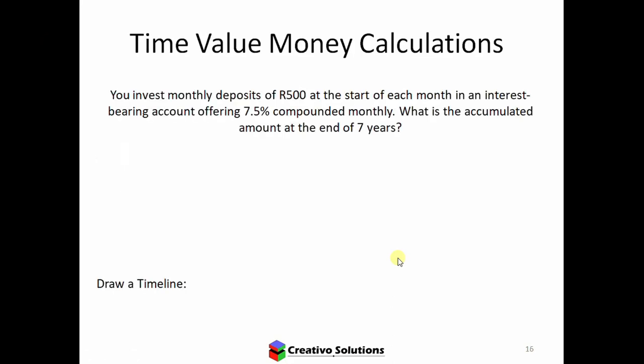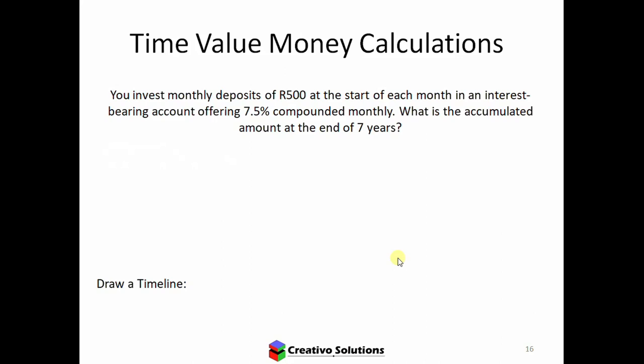Okay, moving on to other time value of money calculations. These calculations require the use of your financial calculator. So remember, please make sure you know how to use your financial calculator. If you don't, please let me know and I will assist you. We're looking specifically at time value of money. We're looking at principal, well, PV, and future value, or FV. And then we have different variables in the actual question.